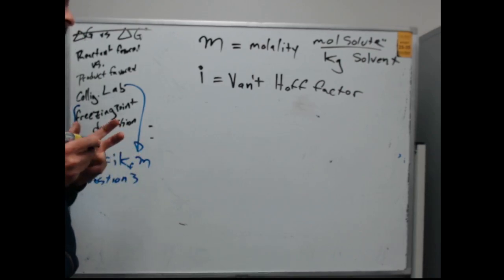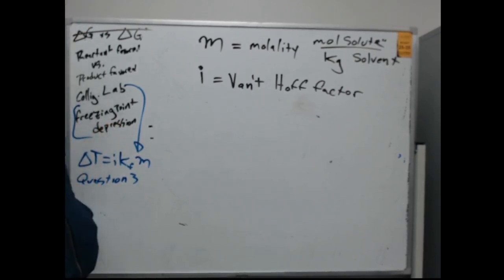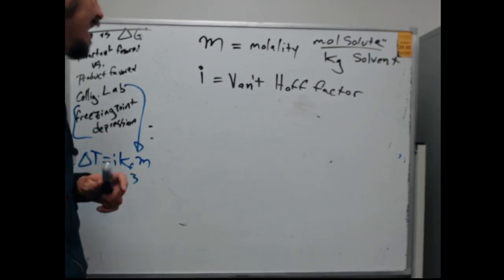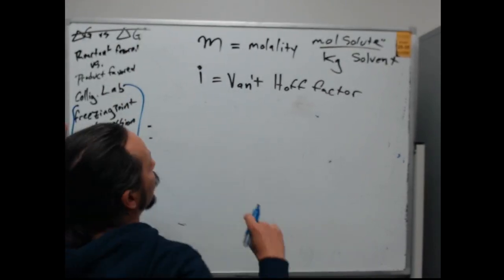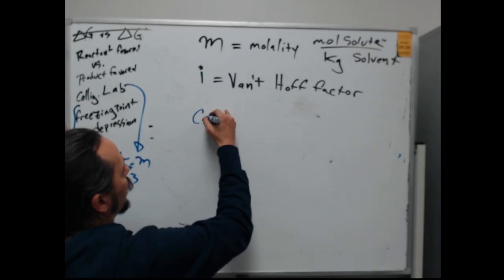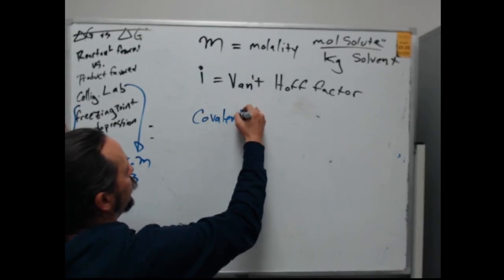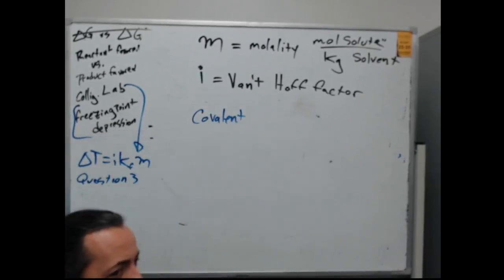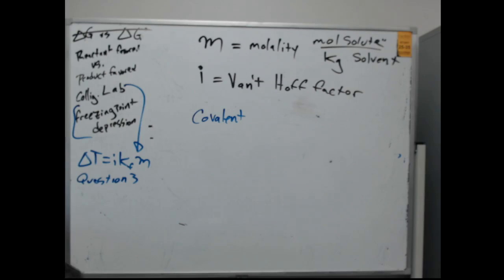And so we say, okay, where are places where we can know what's going on with the Van't Hoff factor? The easiest is covalent compounds. Covalent compounds shouldn't break apart in water. Covalent bonds, besides strong acid bonds, which are kind of a weird case, don't break apart in water.